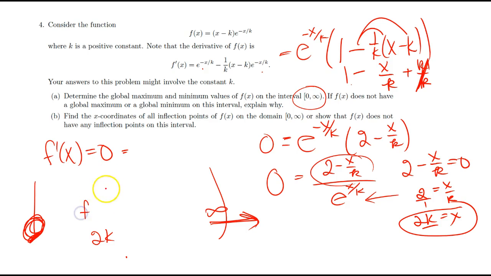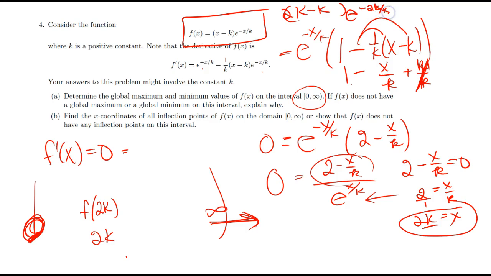So if I take the function at 2k, it's 2k minus k, e to the minus 2k over k. The k's go away, so I end up with k e to the minus 2, which is really k over e squared. Positive, and k is positive.